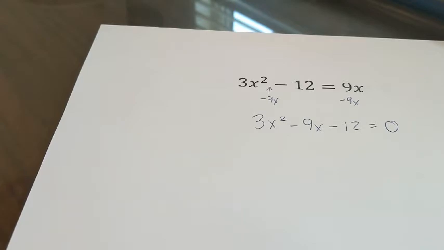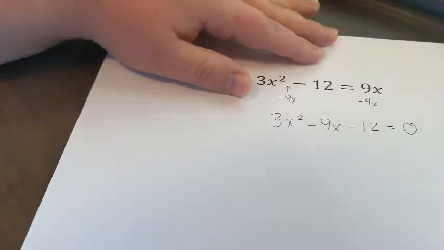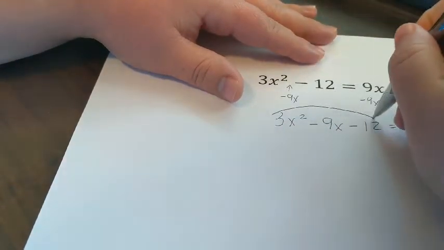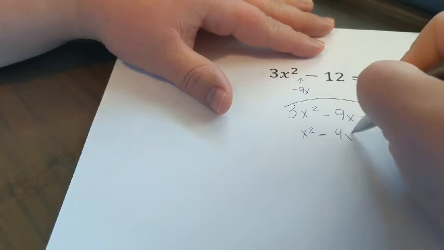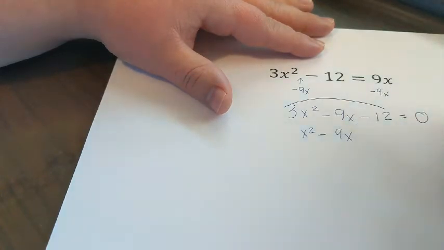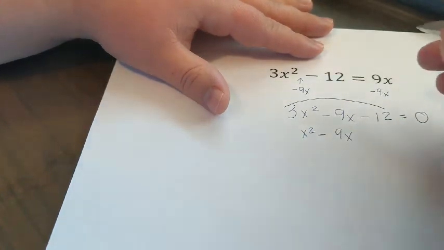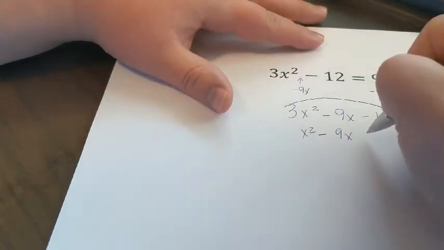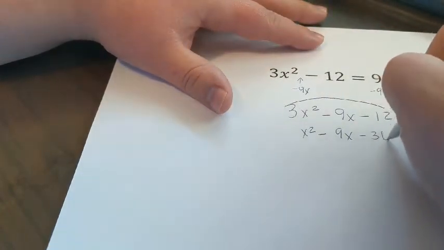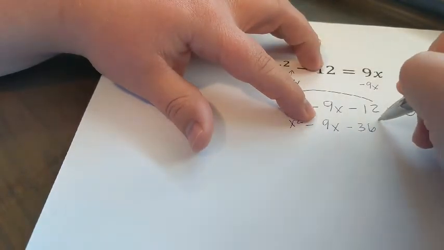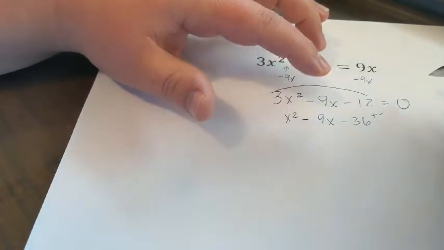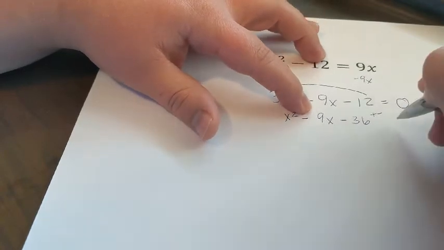Okay, so we're going to go with rainbowing. So we have x squared minus 9x minus 36. So we need 2 things, and there's an add and subtract. So we need 2 things that subtract to 9.